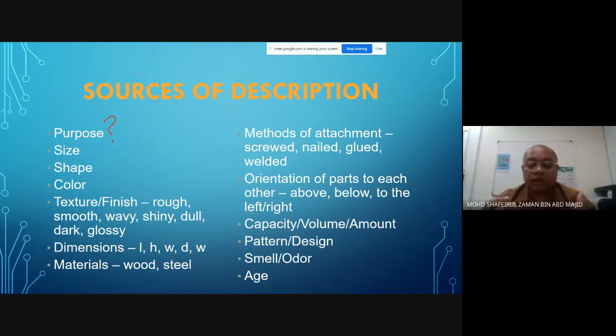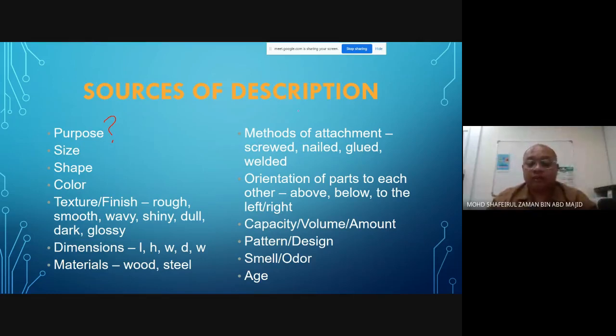And then if you're going to talk about the orientation, let's say the monitor of the laptop or the computer, behind or underneath the screen, what do you have? Maybe you're going to talk about the cables and also the ribbons that you have underneath the monitor. So you are going to explain that in detail as well.